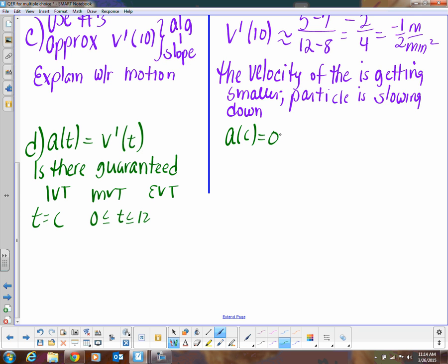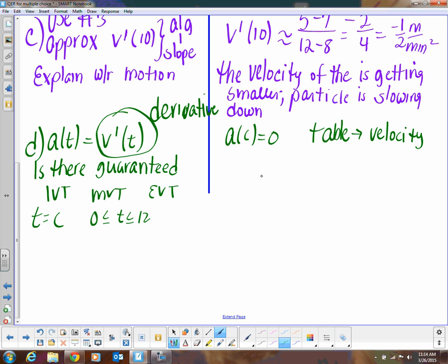equals 0. Now remember, what is our table? Our table is what? Velocity. So what do you have to do to get to acceleration? Okay, first of all, what is this? Derivative. Okay, derivative. Now, I just heard algebra, because of the table, I heard algebra 1 slope.